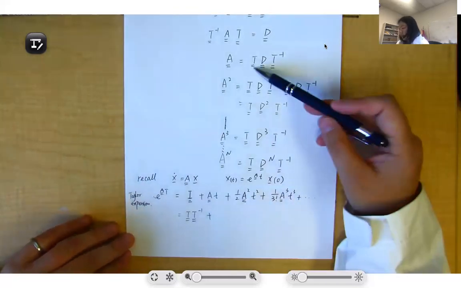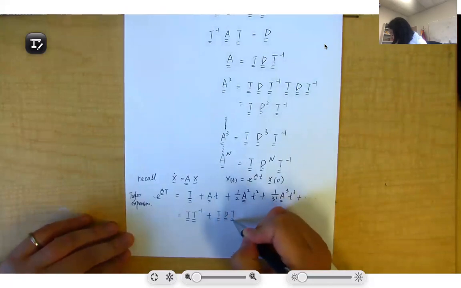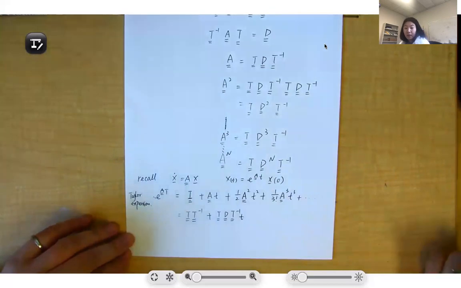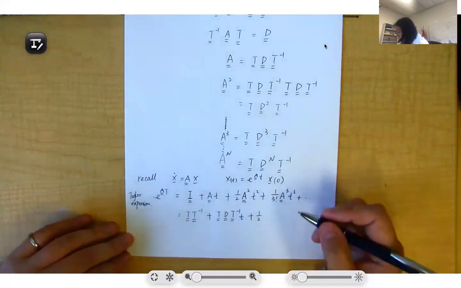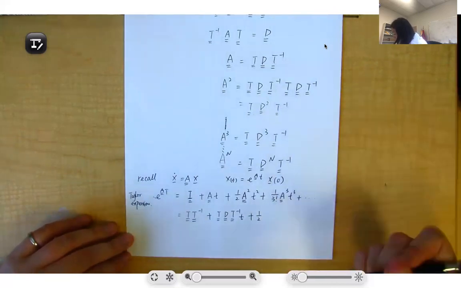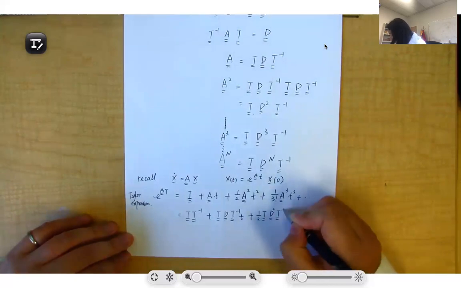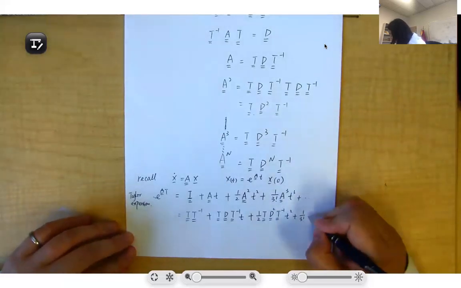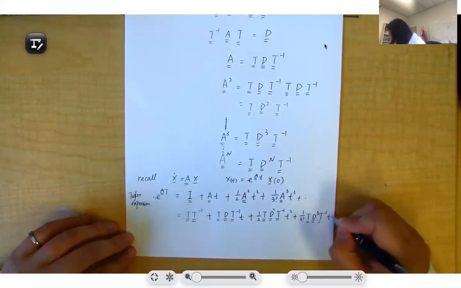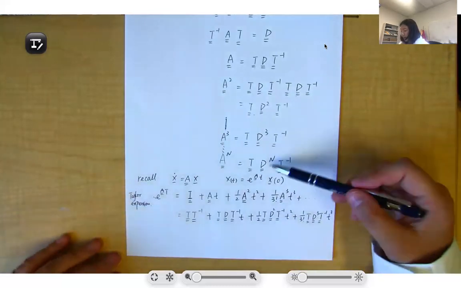A will be T D T inverse, times t, plus one half of T D squared T inverse t squared, plus 1 over 3 factorial T D to the cube T inverse t to the third. Okay, and you can continue dot dot dot until the A to the n part.